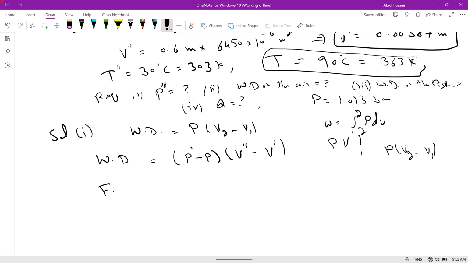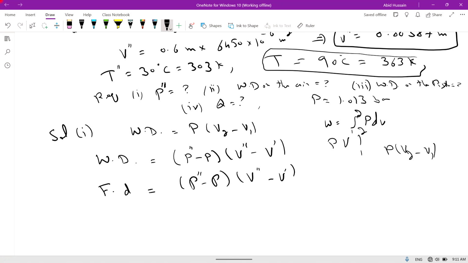Work done is equal to force multiplied by displacement of the piston, which equals P double dash minus P into V double dash minus V dash. Now put values in this equation to find P double dash.